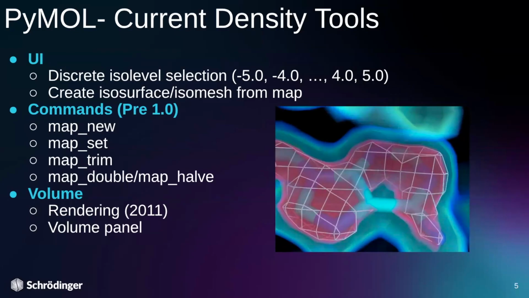In our UI, you have the ability to select discrete, specific ISO level values and have surfaces, ISO meshes, or even volumes generated from a density map. We also have commands that people can use to generate maps, create difference maps, trim maps, and resample maps.